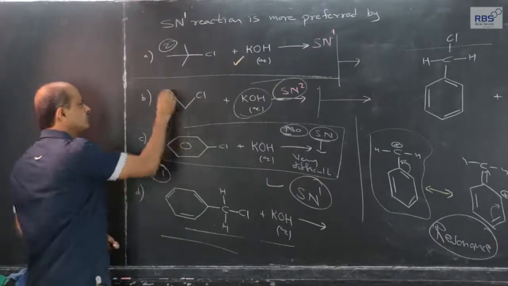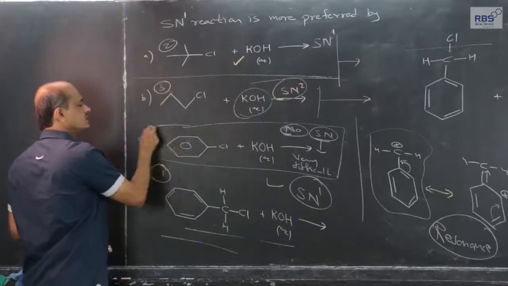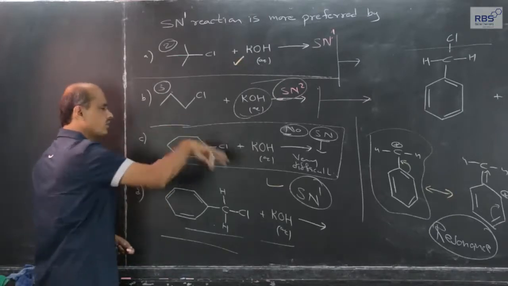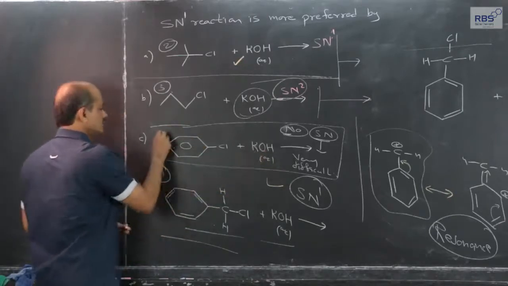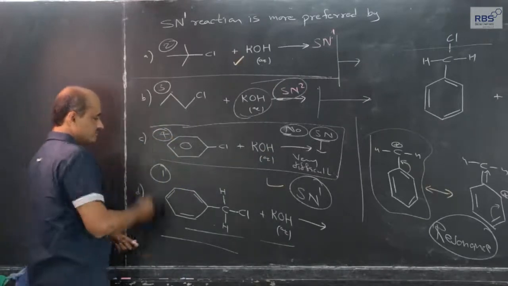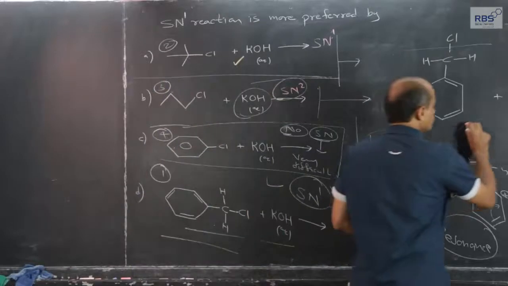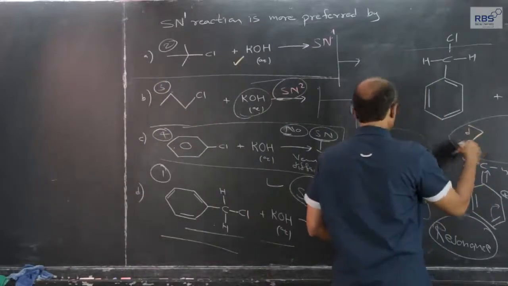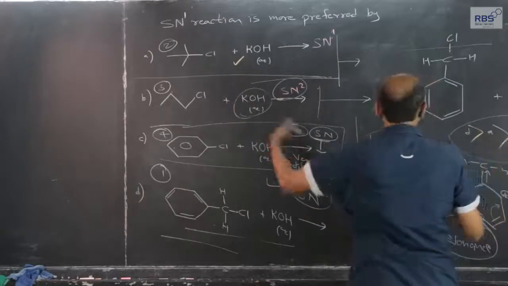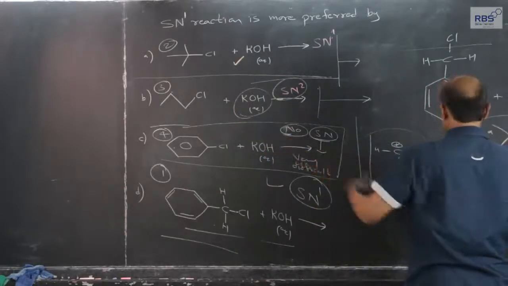Least, therefore, among the 4, 3, and here the SN reaction is very difficult. Therefore, in the order for the question, it will become 4. So, among the A, B, C, D, we should choose option D, then it will be A, then it will be B, and lastly.